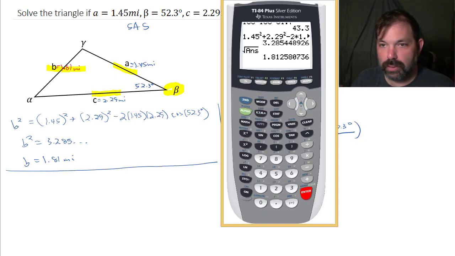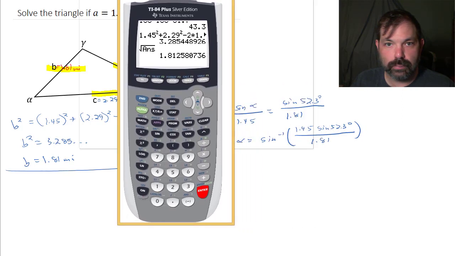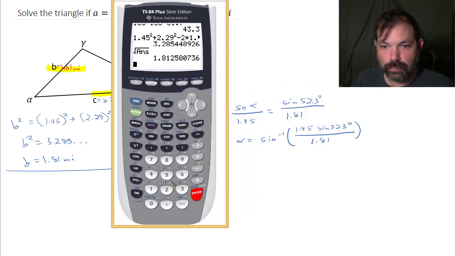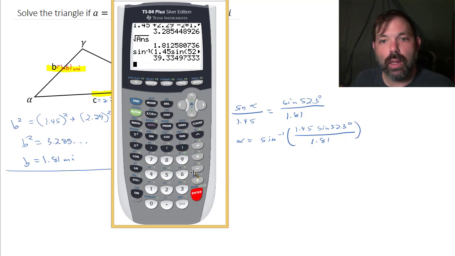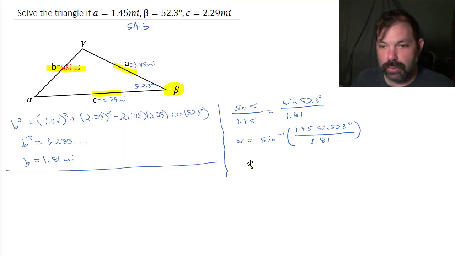We calculate this. Sine inverse, 1.45 sine 52.3, close off the sine, divide that by 1.81, close off the inverse function, hit enter, 39.3 degrees.